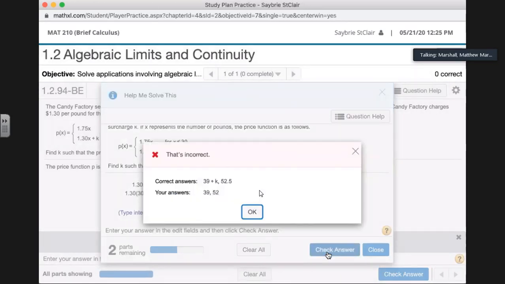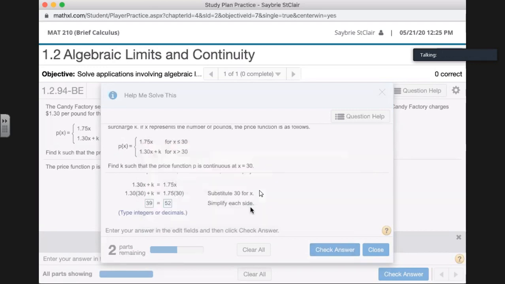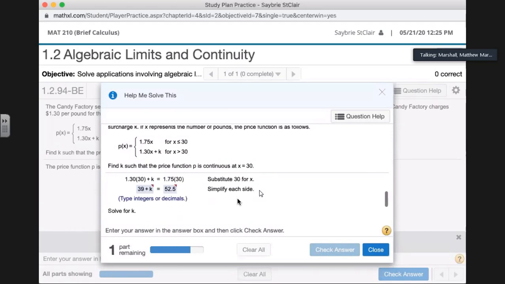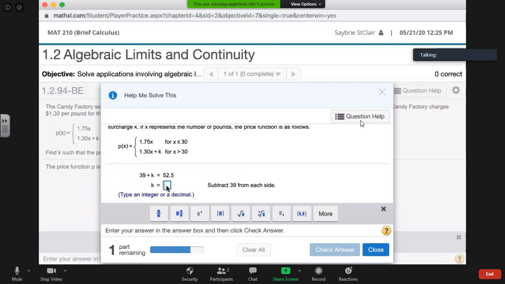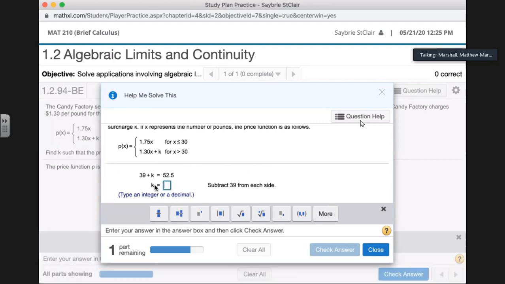Oh, 39 plus k. Okay. I see what happened. Because I was going to the limits, but it wants the exact decimal number. So I see. I stand corrected. So that would be more precise. That would be, instead of a whole number 13, I think that's like 12.5 or something.